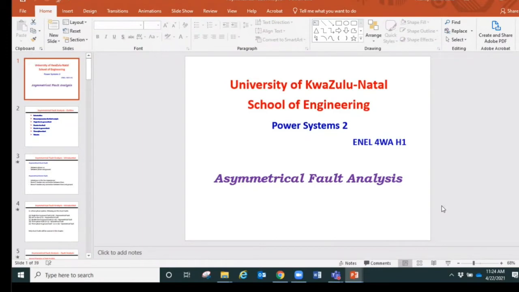So we will have to know all these IA, IB, IC. These are the actual phase currents. But now the system is unbalanced. IA is not going to be equal to IB or IC. They will be different, and because of that we will have IA1, IA2, IA0, IB1, IB2, IB0, IC1, IC2, IC0.